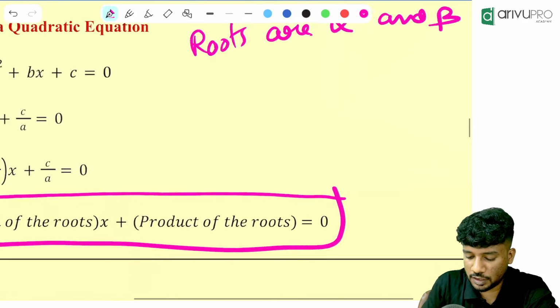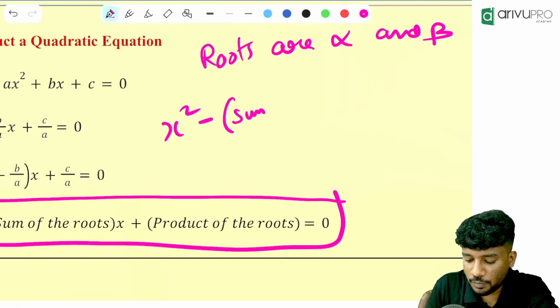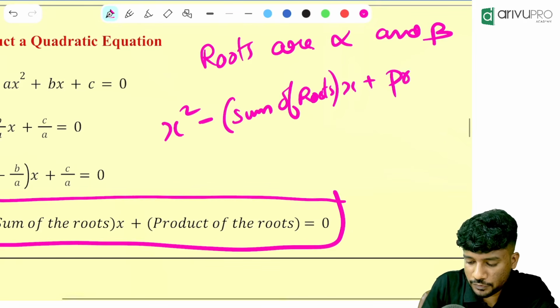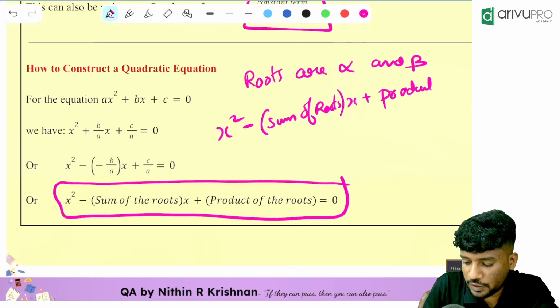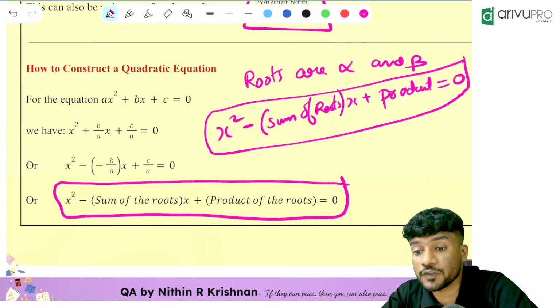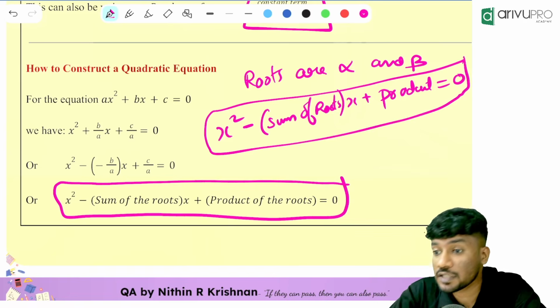A quadratic equation is nothing but x square minus the sum of the roots into x plus the product of the roots. Keep a note of it. Very, very important. It will be useful for you in this chapter or in some other chapter in the future. You remember one question we have from chapter 4 that we still haven't solved?